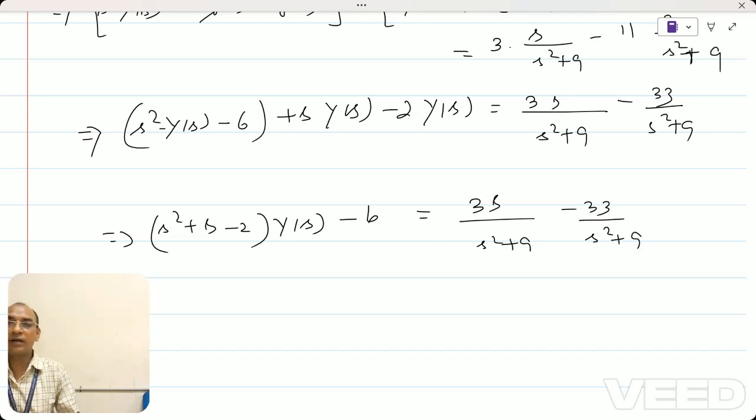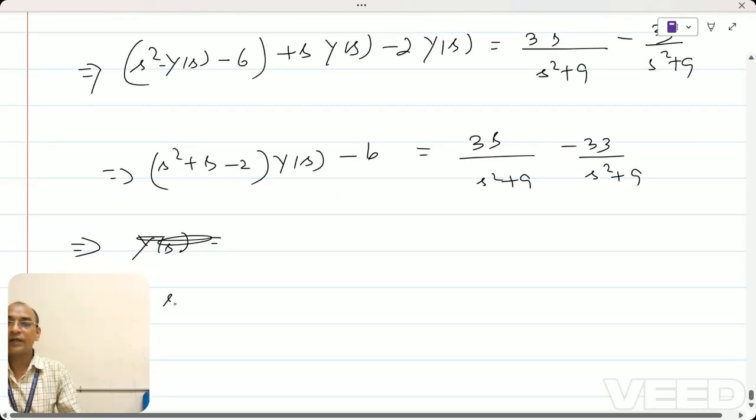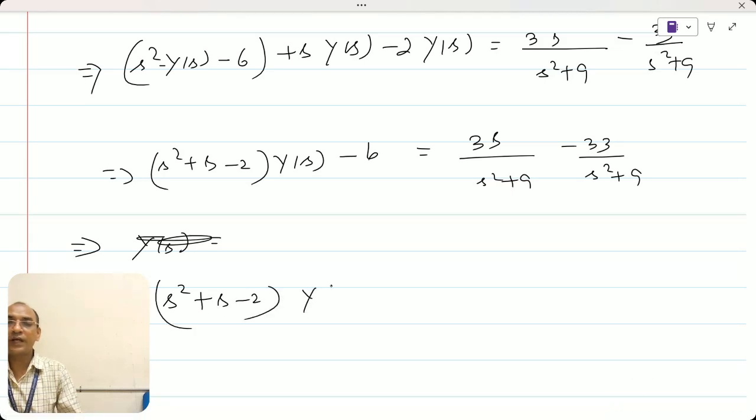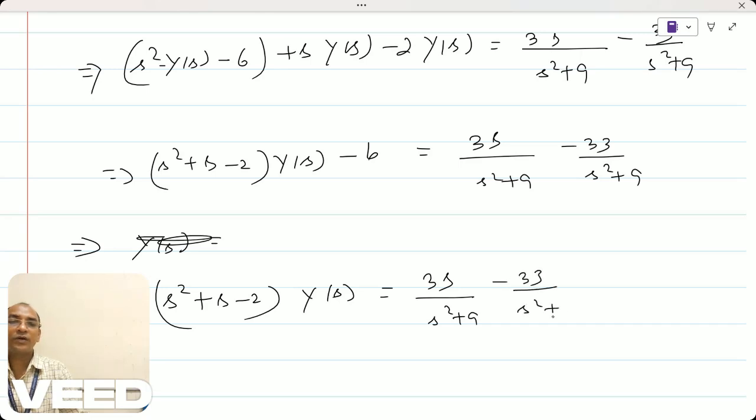So (s² + s - 2) Y(s) equals 3s/(s² + 9) minus 33/(s² + 9) plus 6.